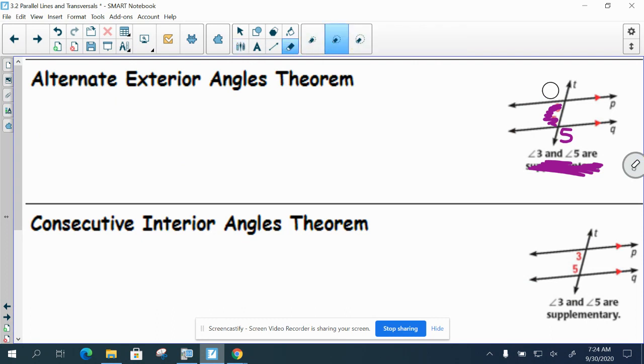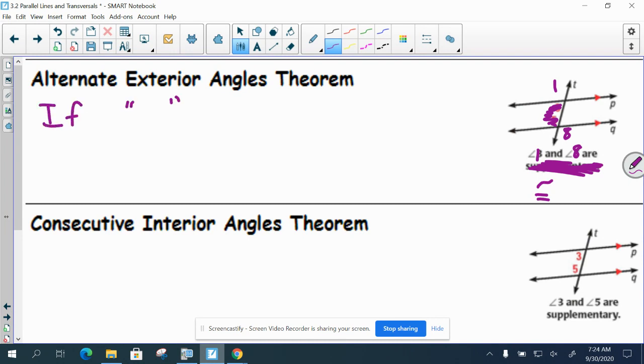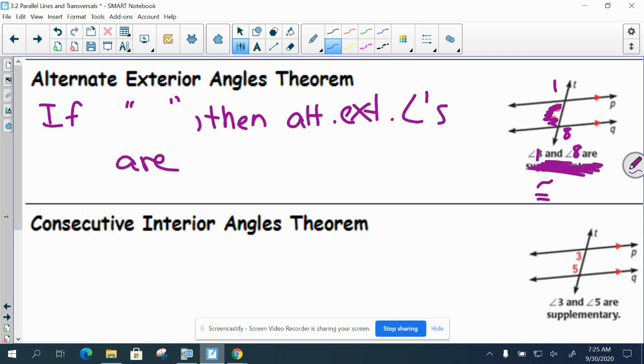Call it 1 and 8. So angle 1 and angle 8 are congruent. So if two lines are parallel and cut by a transversal, then alternate exterior angles are congruent.